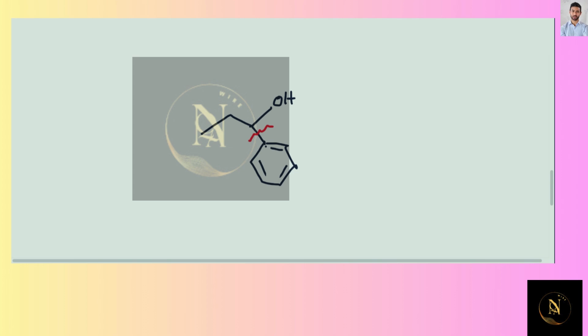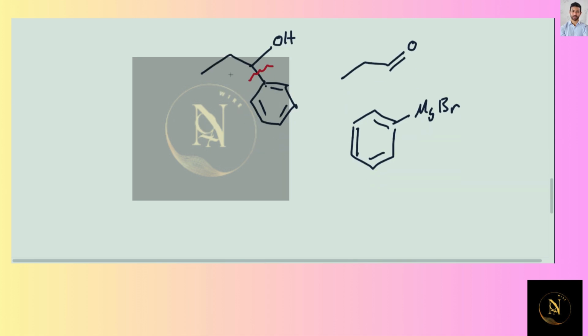How about that? In that case, we know that our aldehyde looked like this, and that our Grignard reagent looked like this. Okay. So to start from the top, we're going to start with phenyl bromide.